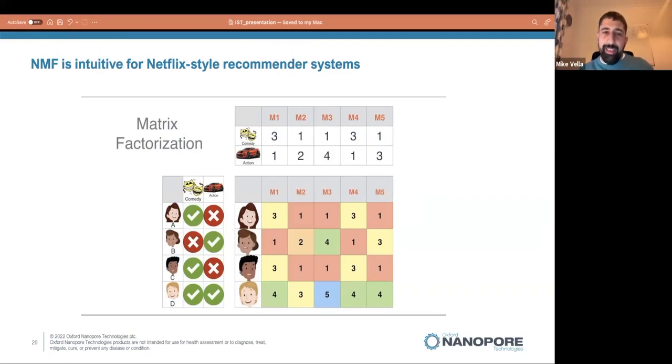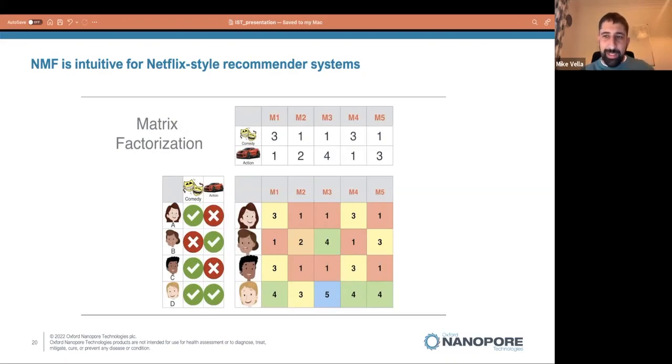And you can see if you take the first matrix here, the first person we're saying likes comedy and doesn't like action, so you can think of that as a 1 and a 0. If you take the first matrix and the second matrix and you do a matrix product of these, you produce the original matrix, which is how much does each person like each movie.